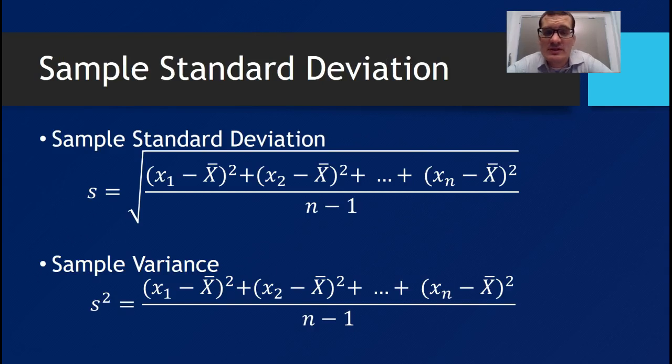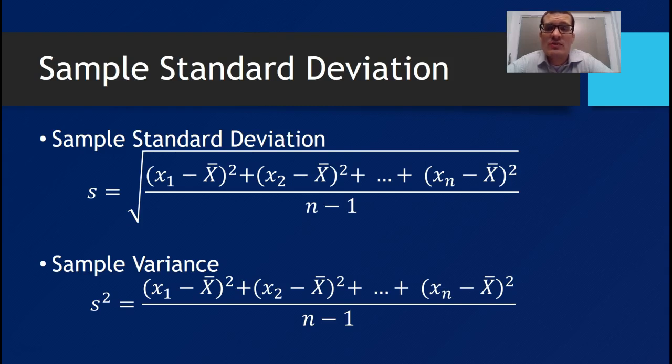Now, here's the twist, plot twist, whatever, I don't know what to call it. Standard deviation for a population, what we did is we took the square root of all those differences squared, and then we divided by n.